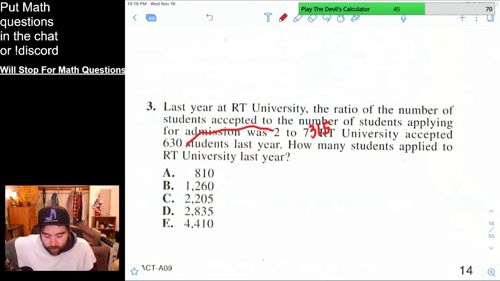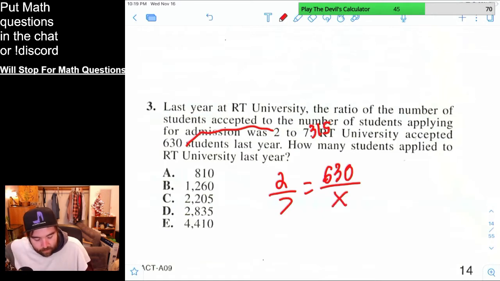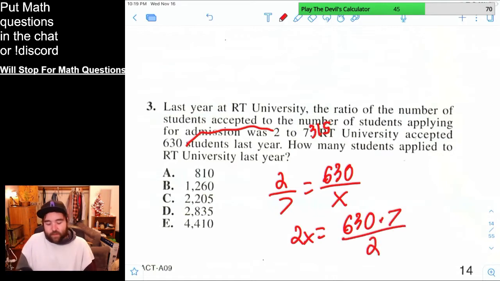So you just have to say, what is 7 times 315? Or if you wanted to set it up as an equation, you'd say 2 over 7 equals 630 over x. So then you would cross multiply 630 times 7 and then divide by 2. So see, that's the same thing we did, 315 times 7.